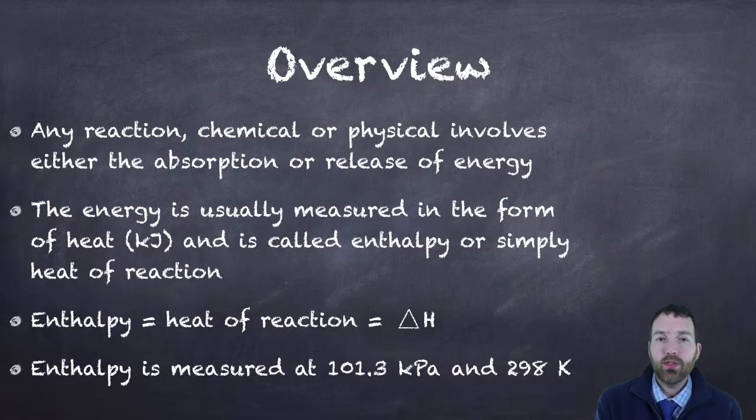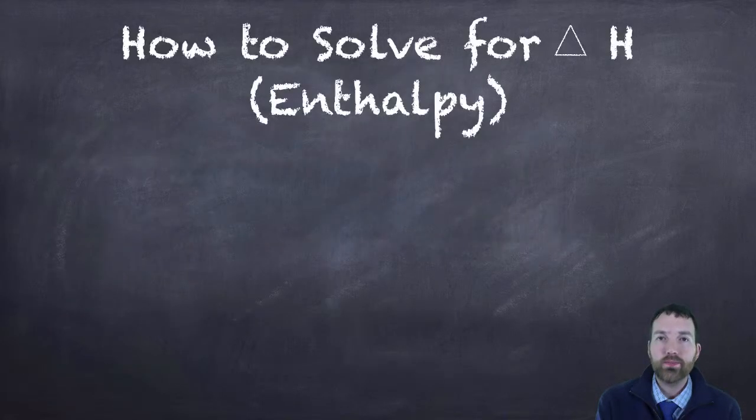Enthalpy is usually measured at 101.3 kilopascals, that is standard pressure, and 298 Kelvin, which is actually slightly above standard temperature. We'll talk more about those specific numbers, and why we use them, later.